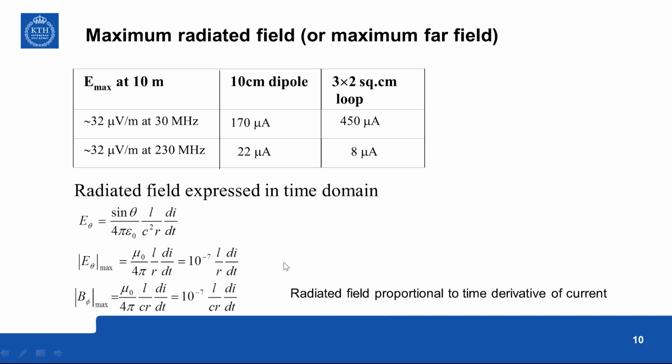You can write it in this way: 10 to the power minus 7 L by R di by dt volts per meter, and B phi, the flux density, 10 raised to minus 7 L by CR di by dt Weber per meter squared. So you can see that the ratio of E and B is the speed of light. Radiation field is proportional to the time derivative of the current.